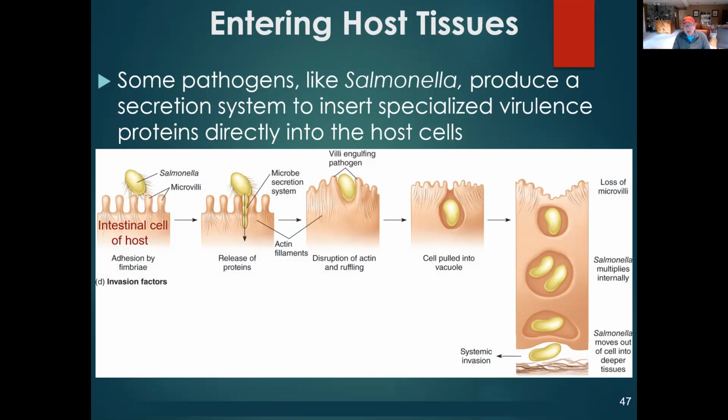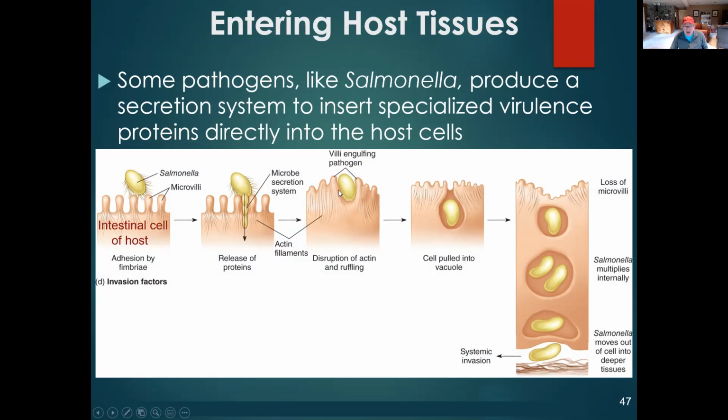So what salmonella does is it adheres to the lining of our small intestine, so it's typically acquired through the foods we eat. And what it then will do is it will produce proteins that help to digest some part of the cell membrane here.